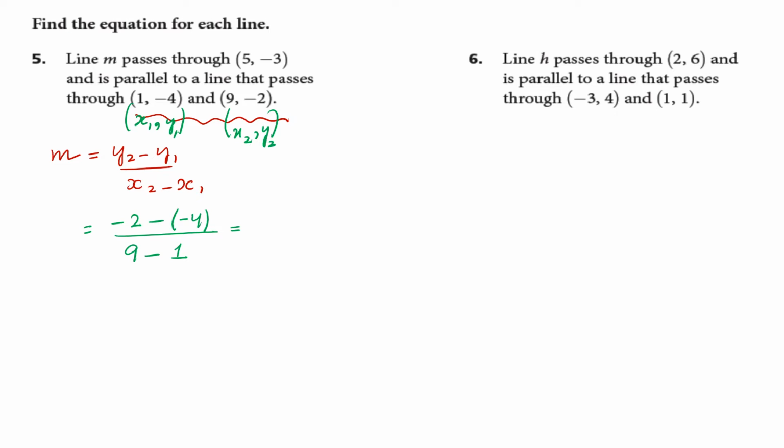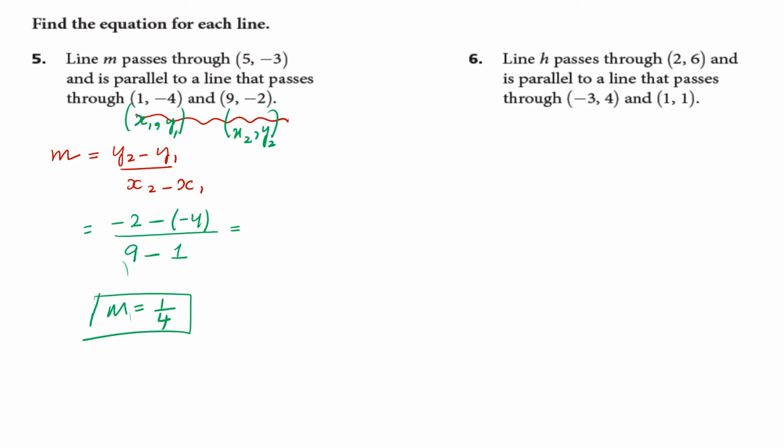That's why I would prefer that you use the calculator, if it is allowed. So if you are using the calculator, you write minus 2 minus, then in the bracket write minus 4, close the bracket, and in the denominator write 9 minus 1, and you will get the m value as 1 over 4.